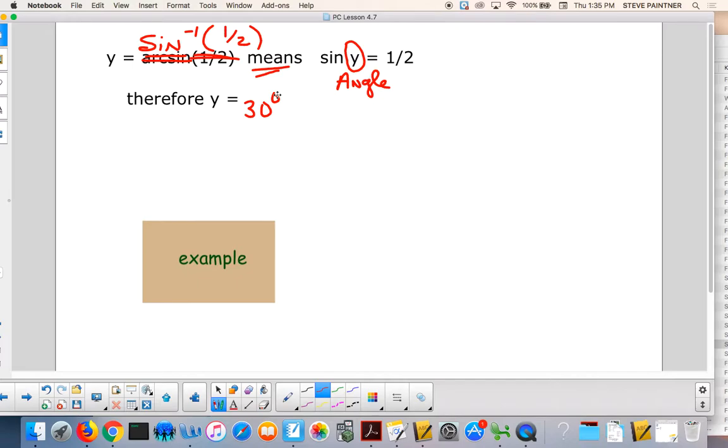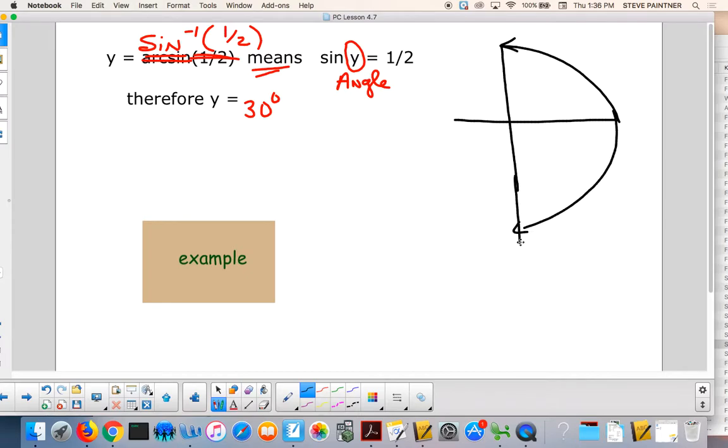So how are we going to get that answer if we're on our own? We're going to go like this. First, we're going to go like this. We're going to draw where the answer would be. So I know this means give me the angle, but if your ratio is positive, which quadrant are you in? This one or this one? You're in quadrant 1. So you can go ahead and do this right now. Okay? Now, you know the ratio is 1/2. Well, 1/2, sine is just y over what?